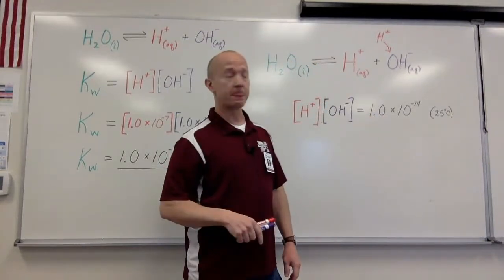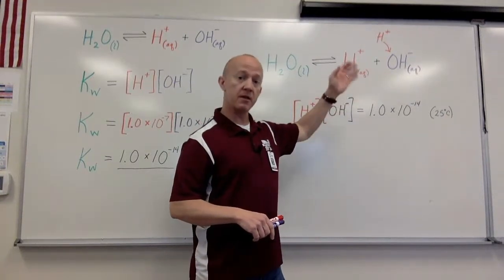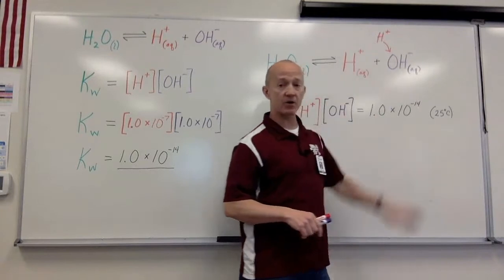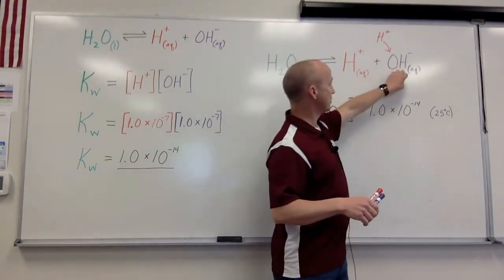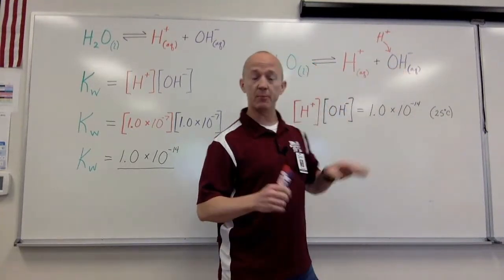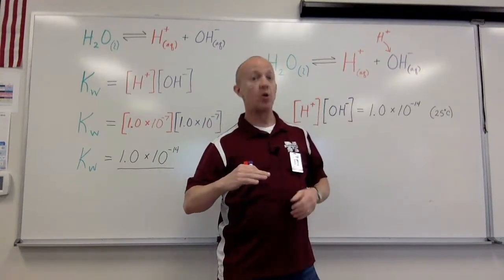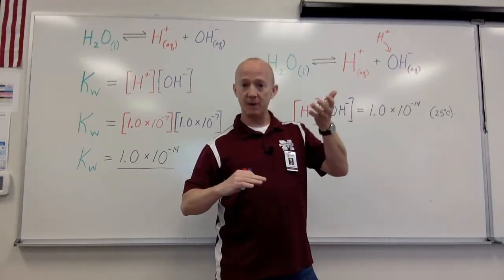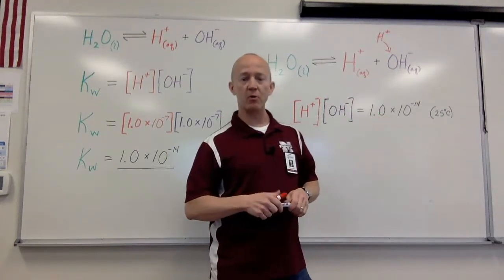Here's why. Let's say we have our solution of pure water, and then we add in some hydrogen ions. What's going to happen? Those hydrogen ions are going to react with the OH ions, creating more water molecules, and in the process, it's going to decrease the amount of hydroxide ions while increasing the amount of hydrogen ions. Get it? The other way is true with OH.